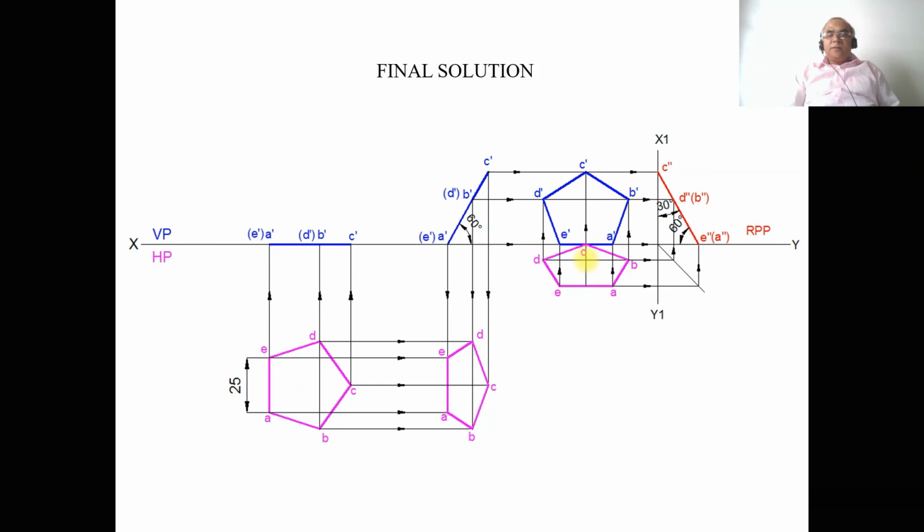Then as we see, from this point this line is perpendicular to this line. So obviously you draw a horizontal line perpendicular to this line.